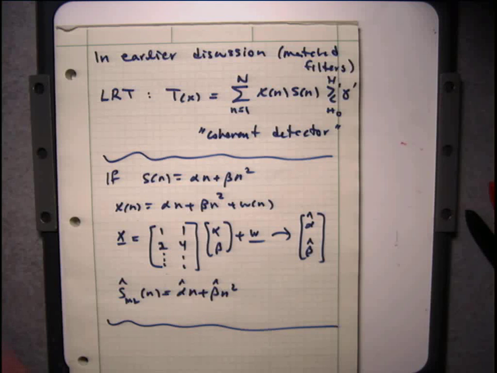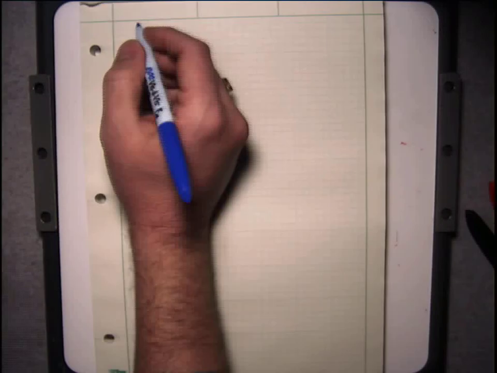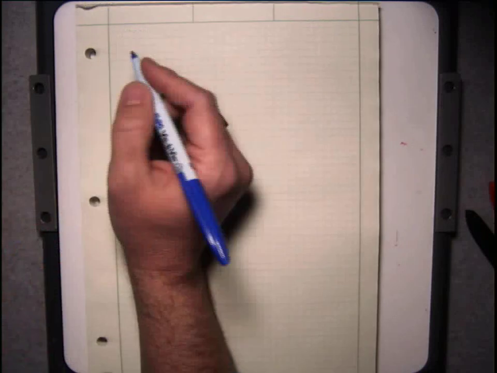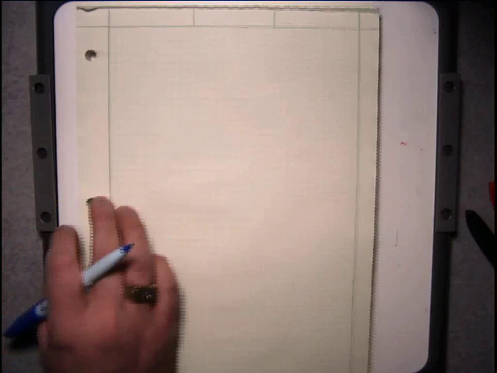So now let's talk about the example that we started off with last time. This is a signal, again, kind of similar to the example I just gave you, where the signal is known except that some parameter related to the signal is not known.